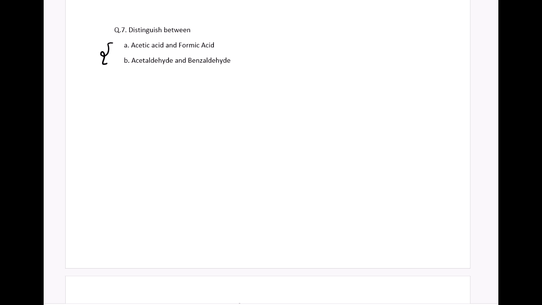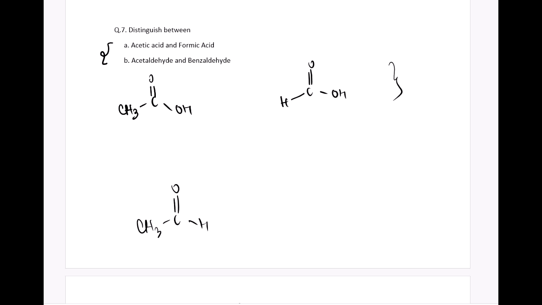As in both of the cases, if we go for acetic acid CH3COOH and formic acid HCO2H, and likewise acetaldehyde CH3CHO and benzaldehyde, both we can separate by means of the iodoform test. In this case we have alpha hydrogen beside the carbonyl group, hydrogen present on the carbon.